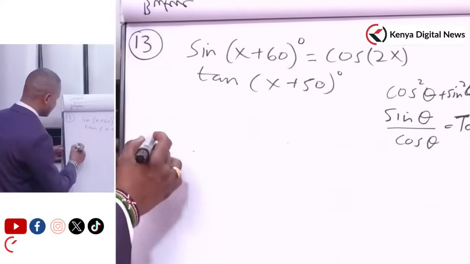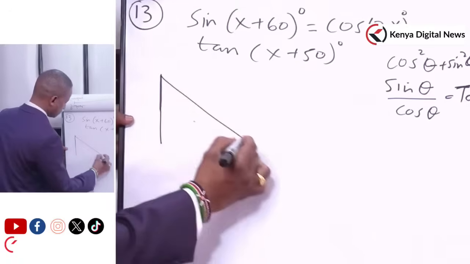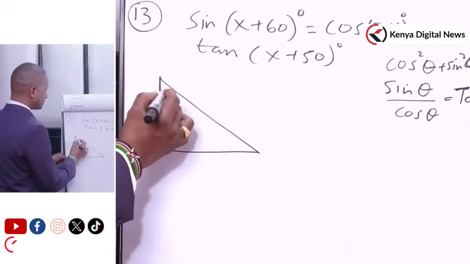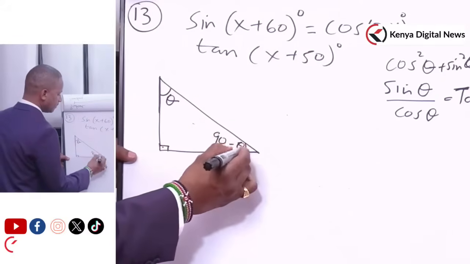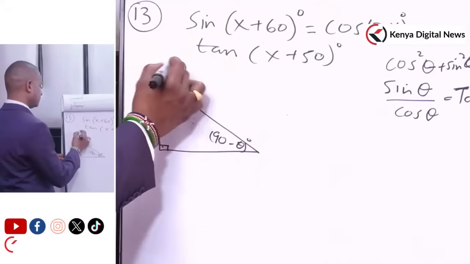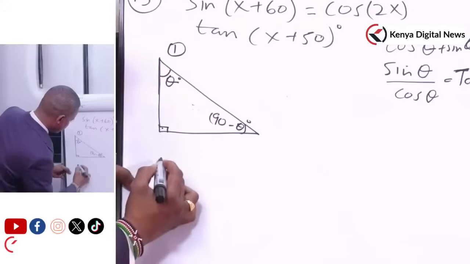So the first identity triangle is this. This is a right angle triangle. If this is theta, this is the right angle, this is 90 minus theta degrees. Second identity triangle is this.